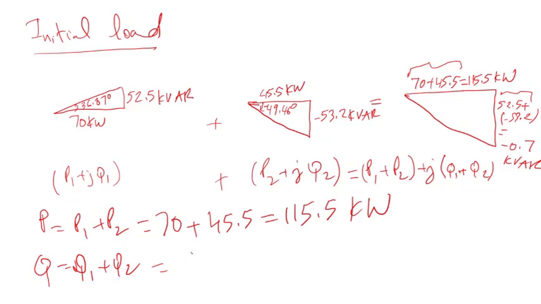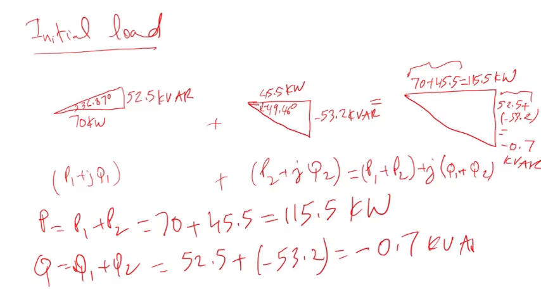Q1 is 52.5 plus Q2 is minus 53.2 kvar, which equals minus 0.7 kvar.